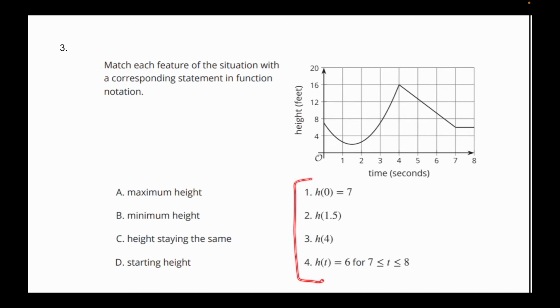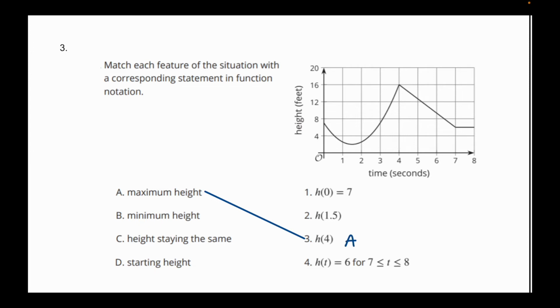I don't. But I do actually have h of 4. And h of 4 altogether represents the output value at 4 seconds. So it's being a little bit tricky here with us because it asks for height and then it's only giving us input, but maximum height, that's going to occur at 4 seconds. So this one is A.